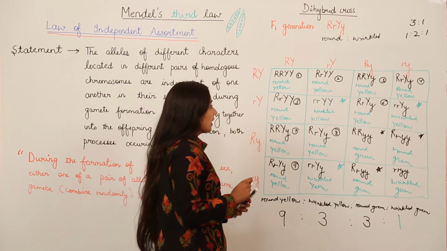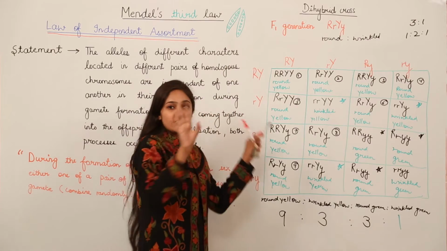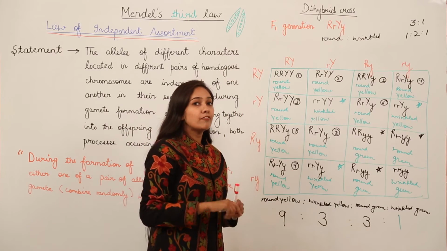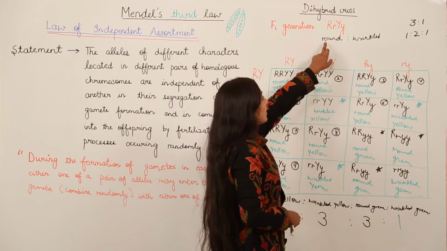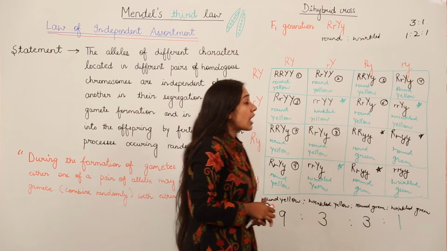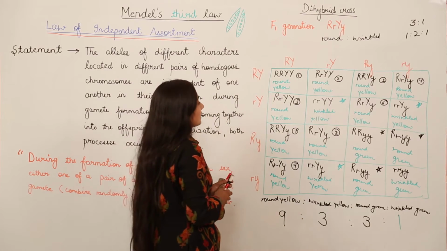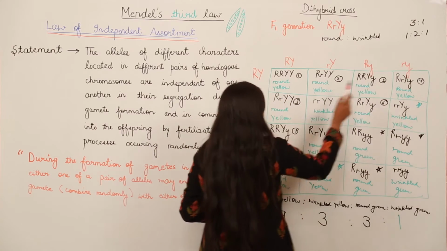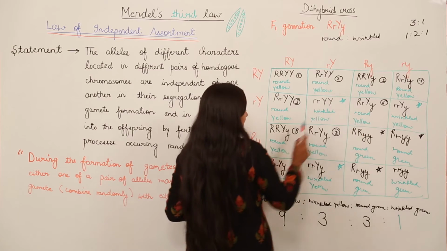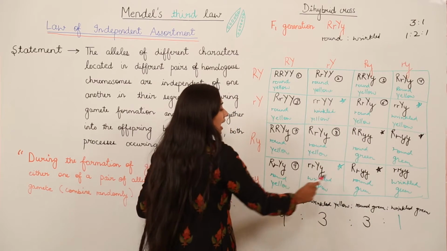Let us see how. If I am going to separate the characteristics, now I am asking you that we are going to discuss only the seed shape, whether it is round or wrinkled. How many seeds are going to be round? Let us count it. This is going to be round: 1, 2, 3, 4, 5, 6, 7, 8, 9, 10, 11 and 12.